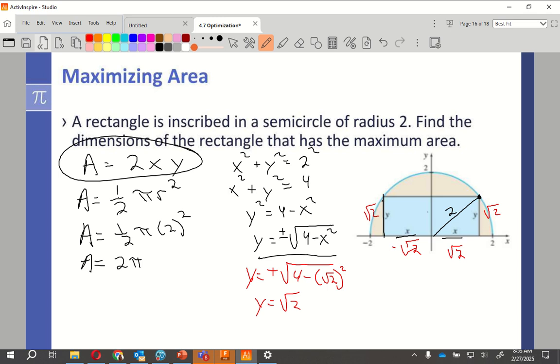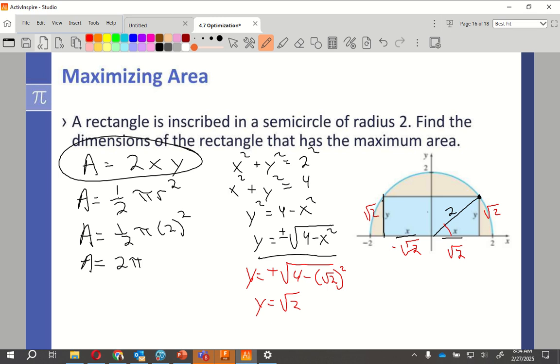So what does it make this angle right here, if I needed to figure that one out? 45? Yes, 45 degrees, or radians, pi over 4. So my x value is going to be square root of 2, and my y value is going to be square root of 2.